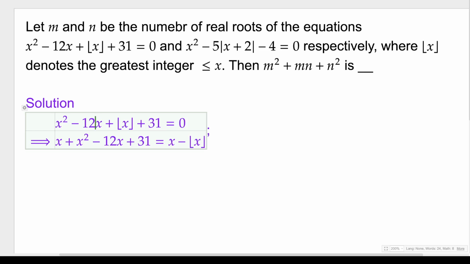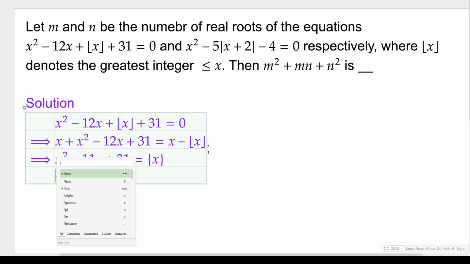Now on proceeding ahead, this can be written as x² − 11x + 31 equal to this particular function, {x}. Here this represents the fractional part actually, so this x can be greater than or equal to 0 and less than 1. That is the meaning here.